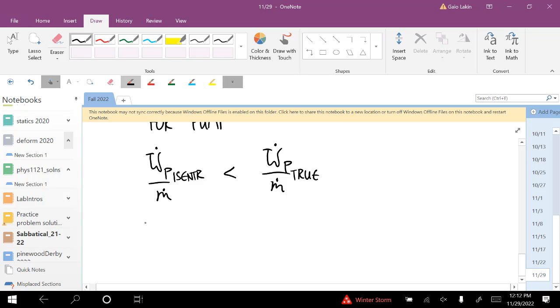And so that means that eta for the pump is equal to W for the pump over m dot in the isentropic case. That's equal to W sub P dot over m dot for the true case.